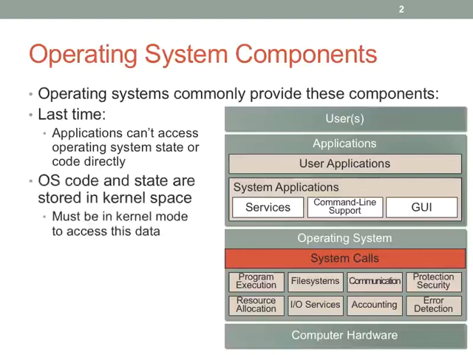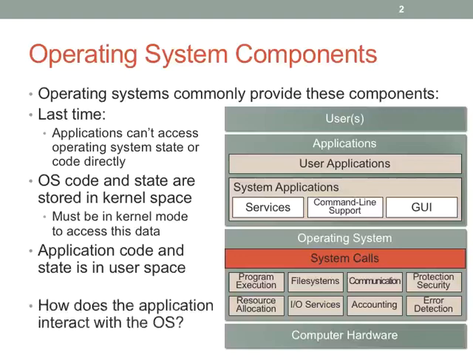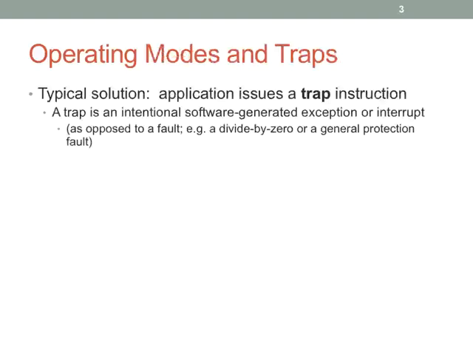And of course, the code and the data that the OS manages are in kernel space and can only be executed in kernel mode. So we had that constraint. And the application code and data is in user space and it can be executed in user mode or kernel mode. So the question is, how does the application actually get into the OS? And we talk about this in CS24, so we don't have to spend too much time talking about it.